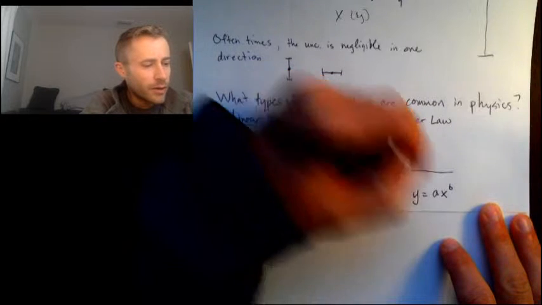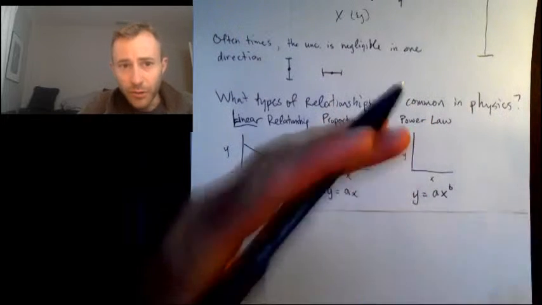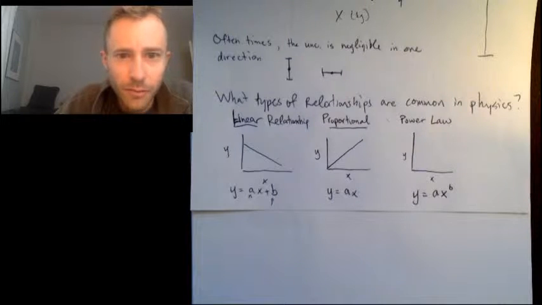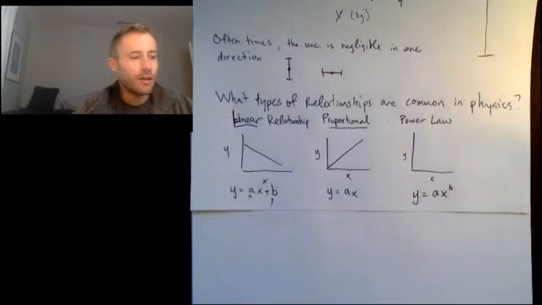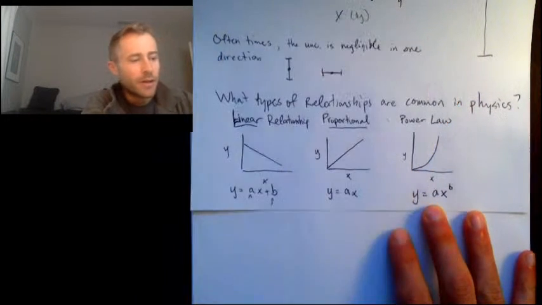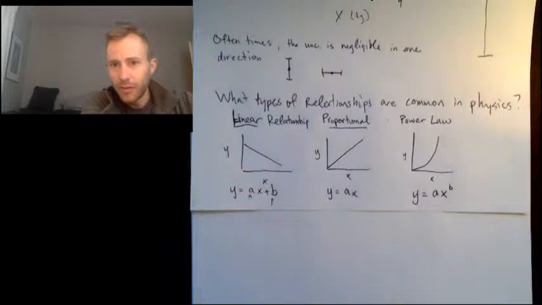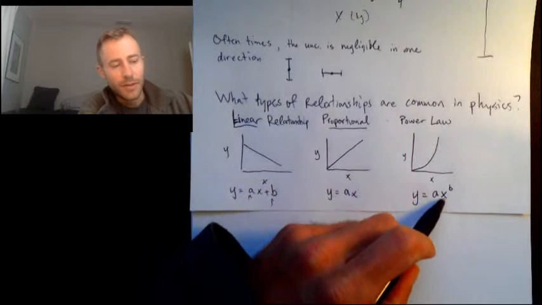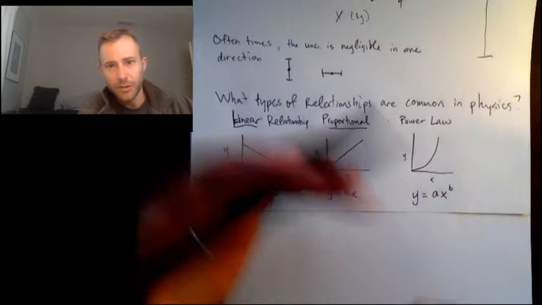So here's y, here's x. Have you ever seen a graph of y equals x squared? I think you probably have, and it kind of looks like a parabola. It starts at the origin because 0 to any power is just going to be 0.